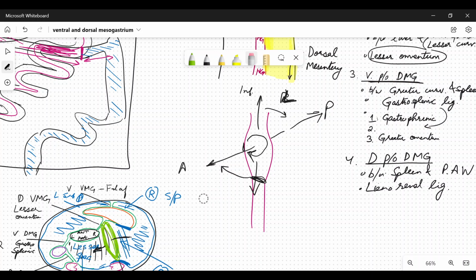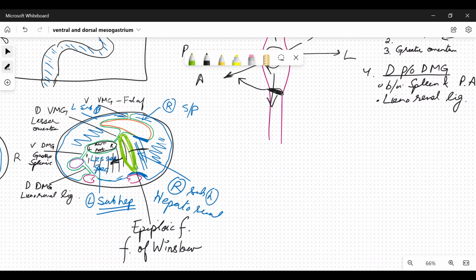This is slightly confusing for you guys. Right, if this is the anterior-posterior axis, then this should be the patient's right side and the patient's or the subject's left side, right? So because of the rotation around this anterior-posterior axis, the lower end or the pyloric end of the stomach shifts towards the right side, and the upper end or the cardiac end of the stomach shifts toward the left side.